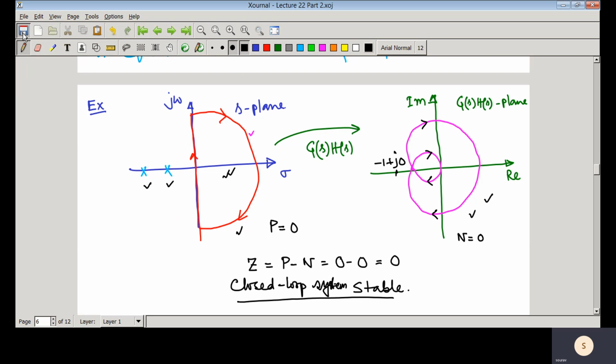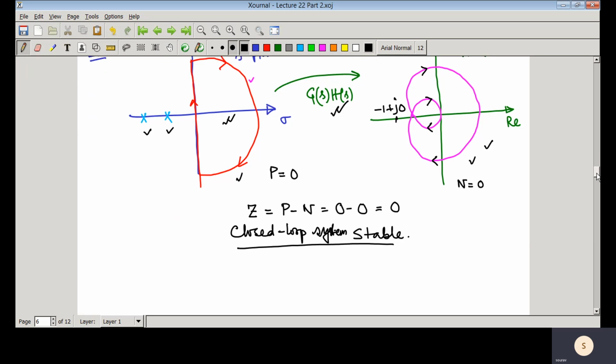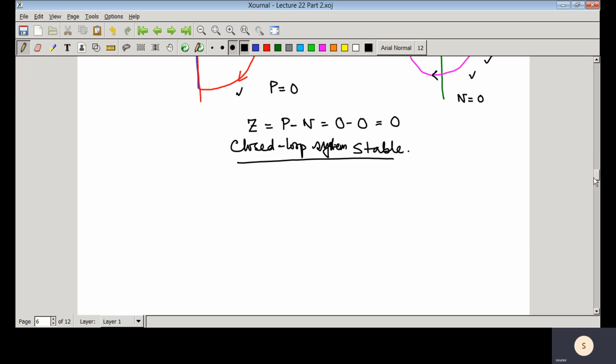So that means if we have G(s)H(s), and if this is that Nyquist plot, that means the mapping of Nyquist contour from S plane to G(s)H(s) plane, then applying Nyquist stability criteria, we can see that the system is stable. So let us take one more example. Later on we will be taking some numerical values and we will see how to get that map. So suppose we have that real axis, imaginary axis.